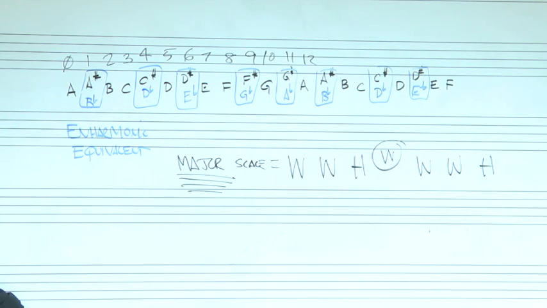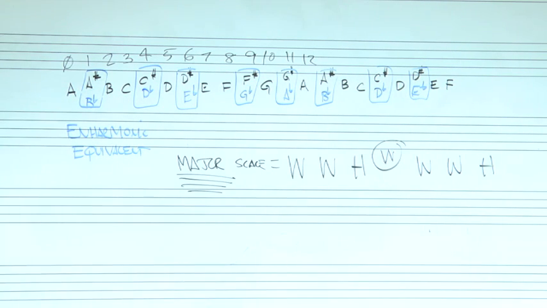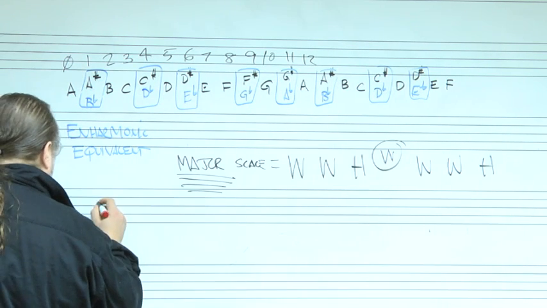No, it's fine. So whole step, half step. That's the most important formula that you're gonna have to memorize for the major scale. All the scales comply with that formula. That's how it works. Everything complies to the formula. All major scales comply.